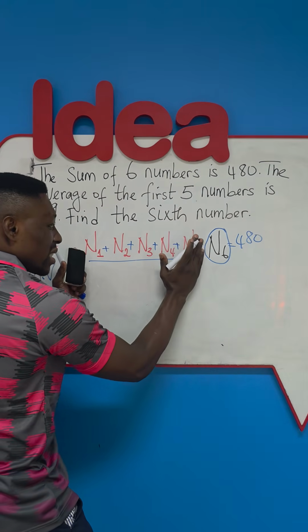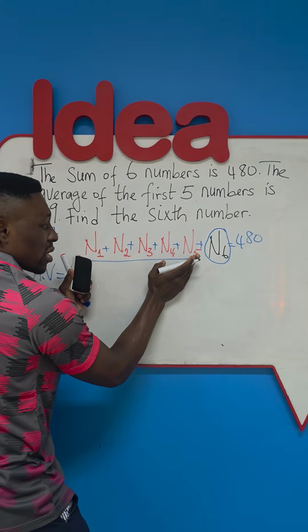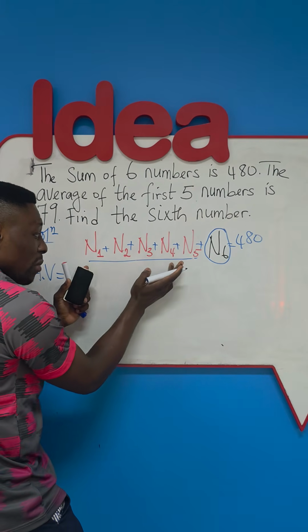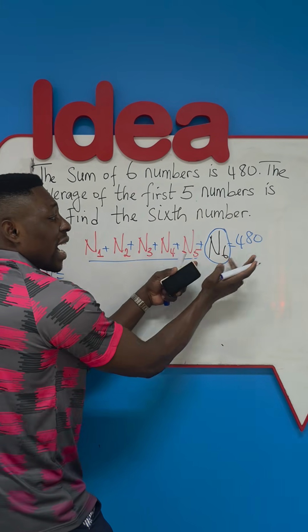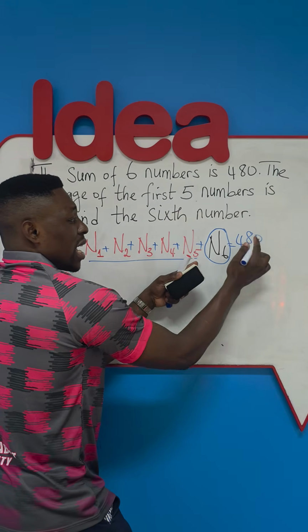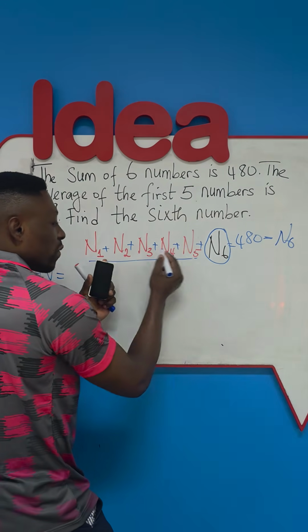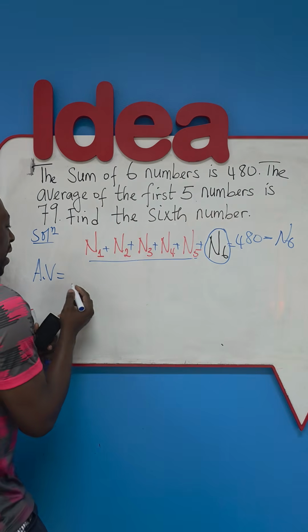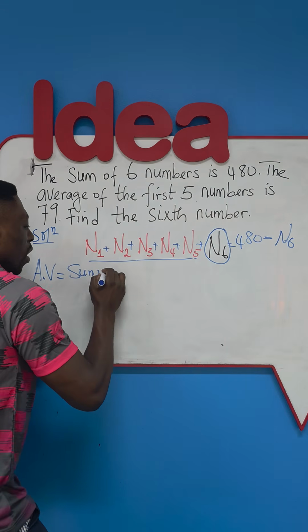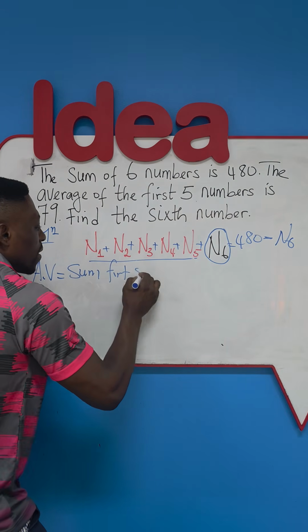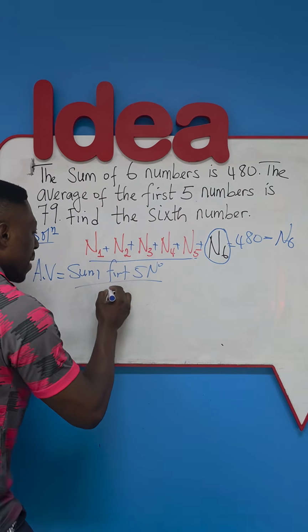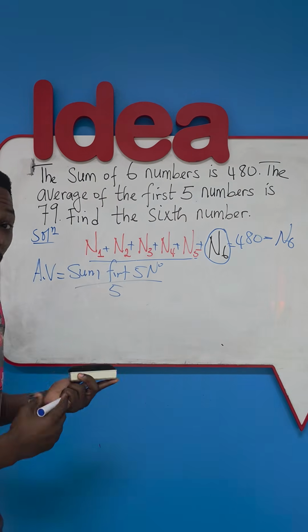But now we are interested in just the first 5 numbers. So to get the sum of these first 5 numbers, come to the sum of the 6 numbers and remove the 6th number. So it will be the sum of the first 5 numbers divided by 5, because now there are only 5 numbers.